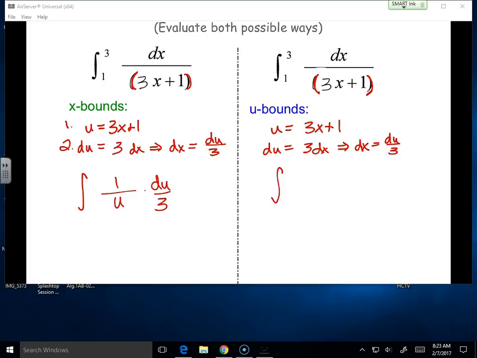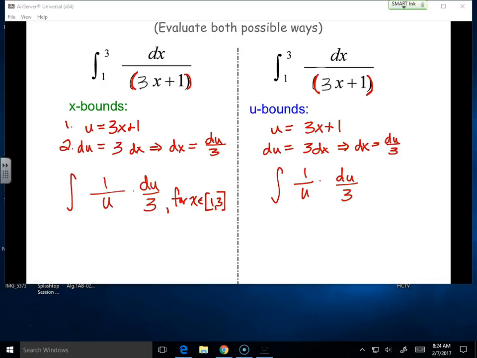For both of them, we need to get u's inside the integral. For x bounds, we would say something like, for x between 1 to 3. There's the indefinite integral, and I'm trying to solve it for x within 1 to 3.